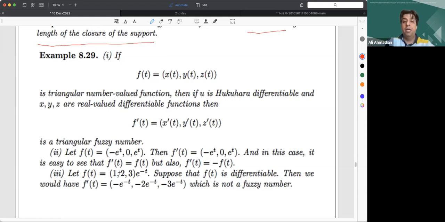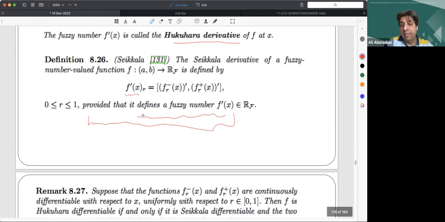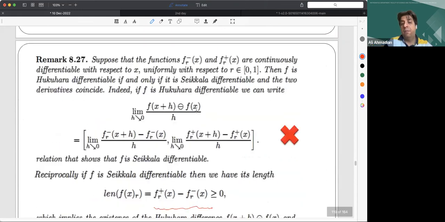For another case, we have a triangular fuzzy number multiplied by e to the power of minus t. Suppose that f is differentiable, then f prime is minus e^(-t), minus 2e^(-t), and minus 3e^(-t). It is not a fuzzy number, provided that it defines a fuzzy number for f prime.